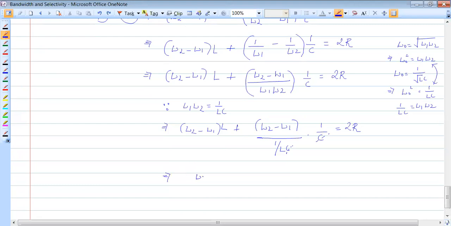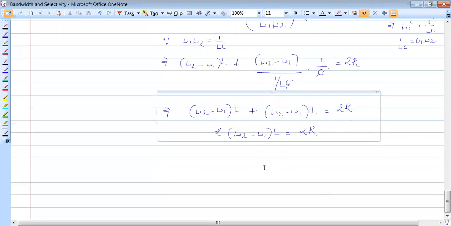So you have omega 2 minus omega 1 into L plus omega 2 minus omega 1, that L comes to the numerator, and you have 2R here. So this would be 2 omega 2 minus omega 1 into L, and it would be 2R.